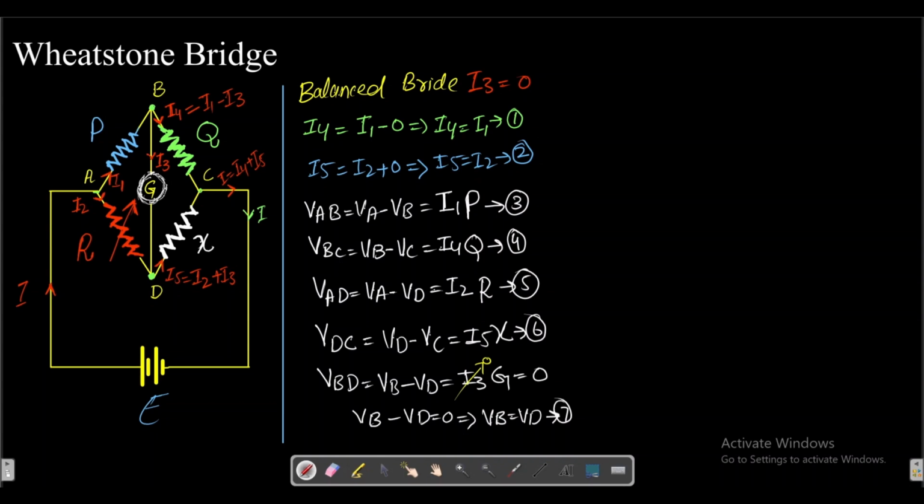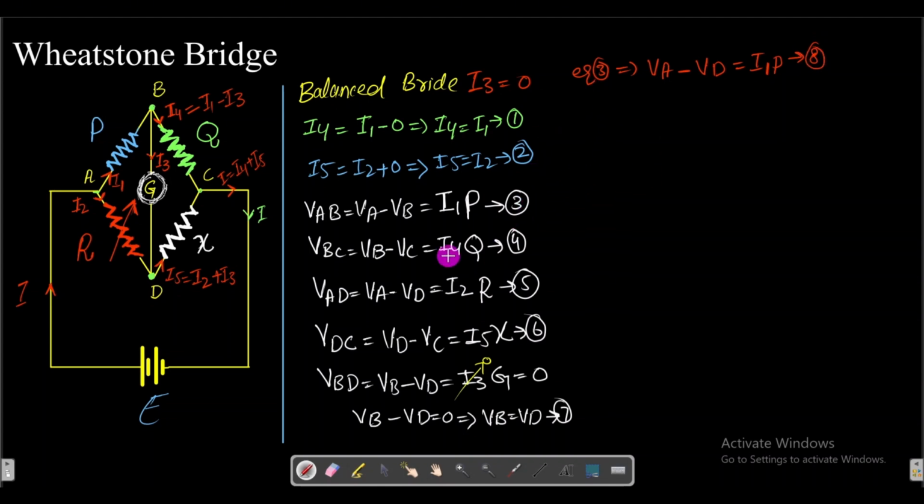After this we will rearrange. Here we have VB equal to VD, and we will put VD instead of VB. So equation 3 implies VA minus VB, and since VB is equal to VD, VA minus VD is equal to I1 P. Let's say this is equation 8.